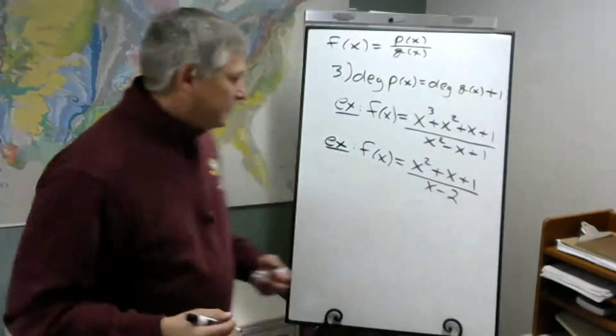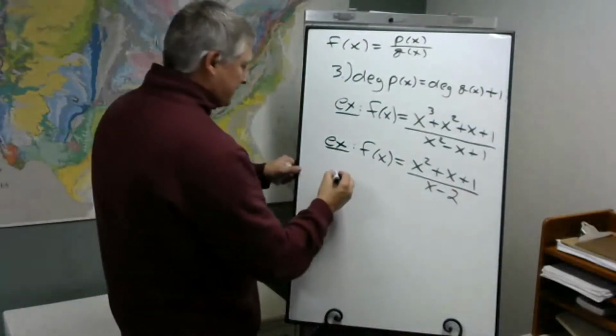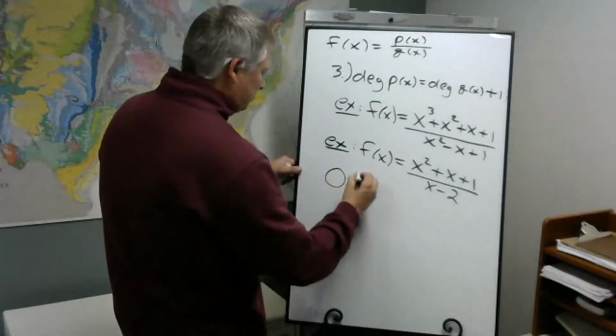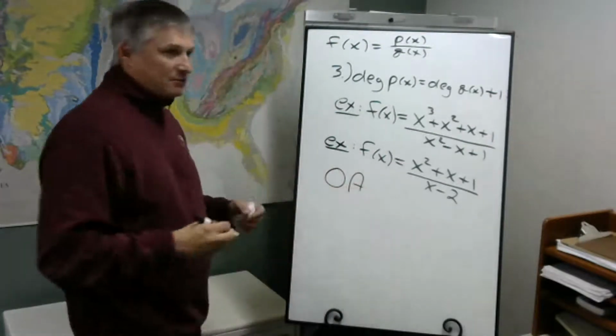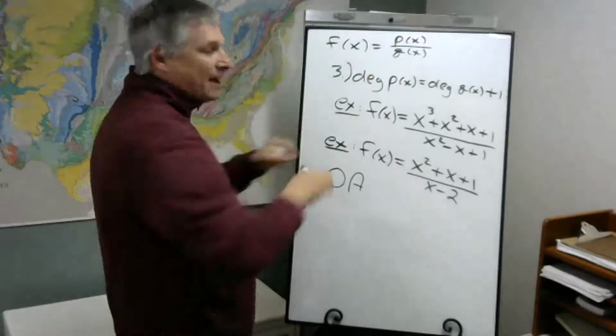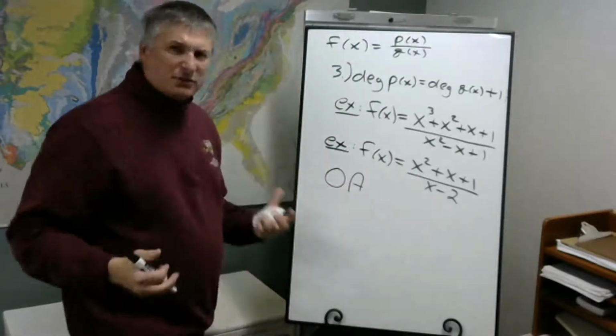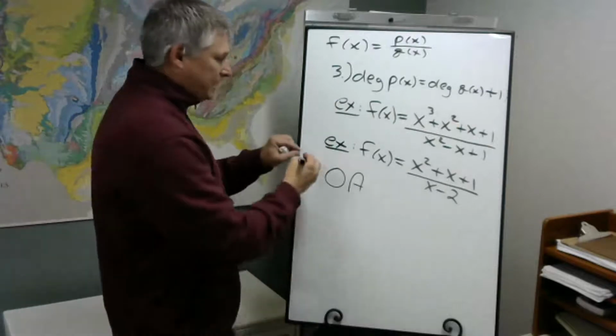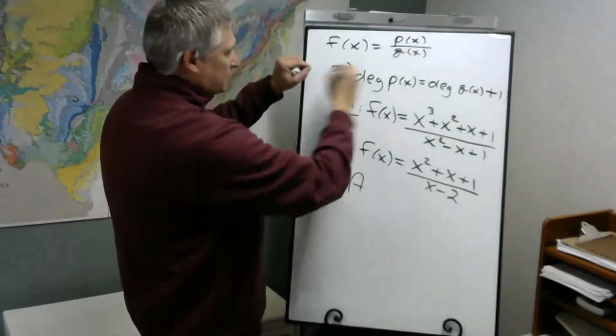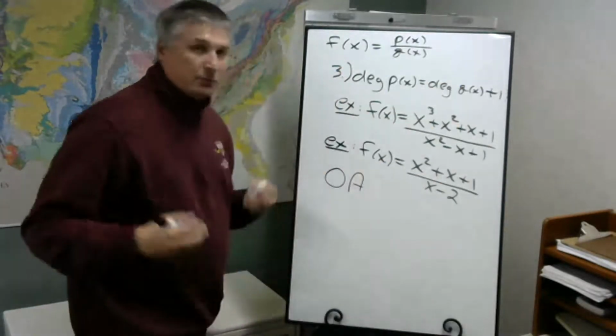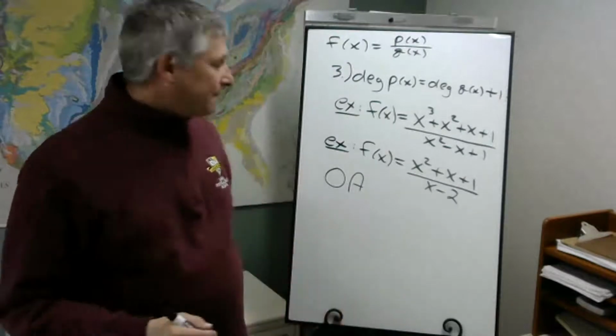Well, what we're going to do is this. This is where we get the oblique asymptote. We're going to have a line that has some kind of a slope to it. Not that horizontal line that has a slope of 0, and it could be located at y equals 0 or some y equals the ratio of lead coefficients.